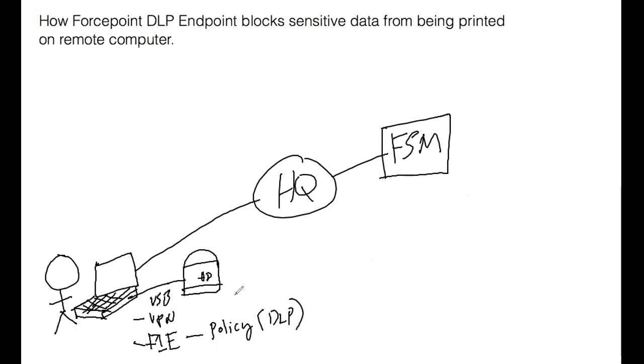Okay. Let's talk about scenario number two. What if this user, okay, disconnects from his home wireless network and then goes to a public Wi-Fi, okay? He connects to public Wi-Fi.